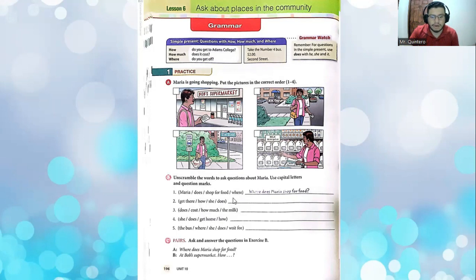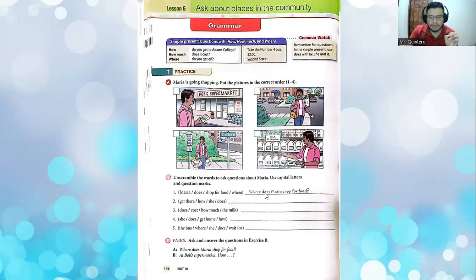En este caso, ¿qué es lo que va a ir primero? Siempre va a ir la WH question. Where? Where does Maria shop for food? Siempre va a ir la palabra de pregunta. ¿Cuál es la palabra de pregunta en este caso? Where. ¿Dónde?